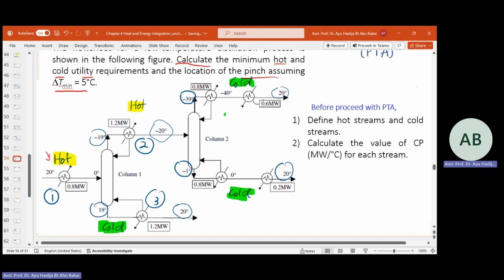different temperatures, from the initial -39 to 40. One time change of temperature. Okay, this is stream 4. -40 to 20. This is stream 5.